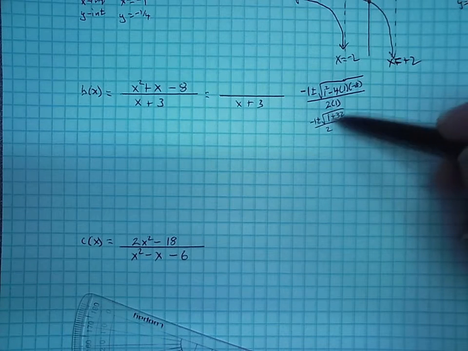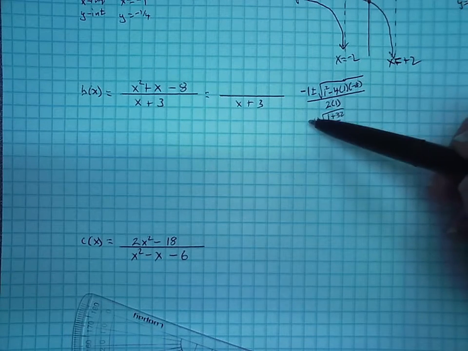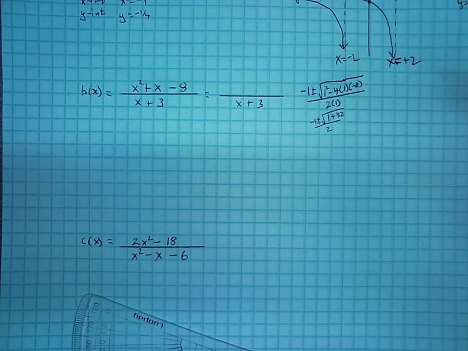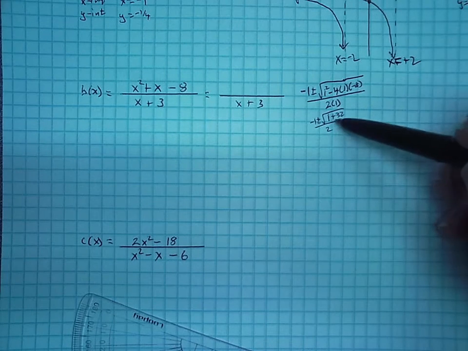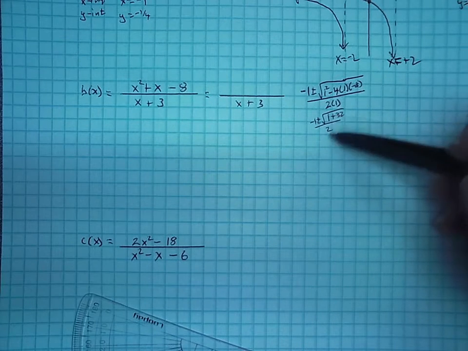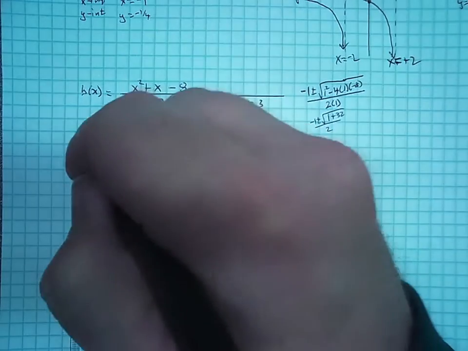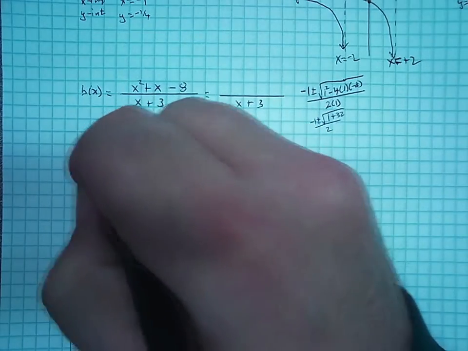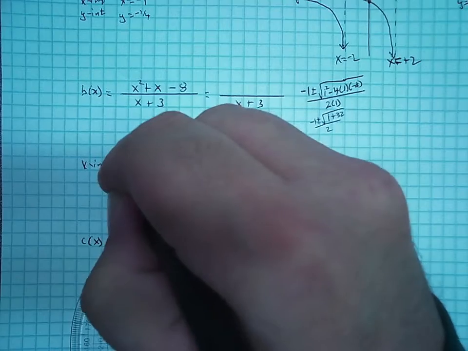Square root of 33 is a little under 6, so that'll be, let's see, it's a little less than 6. So negative 1 plus 6 would be 5. So this is a little less than 2.5.